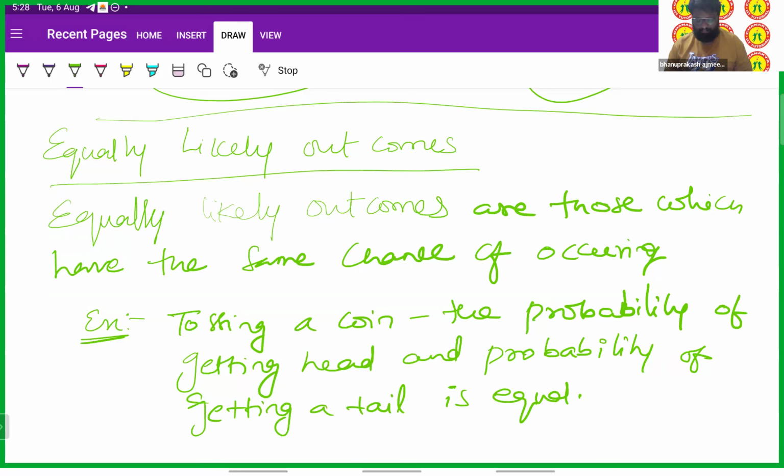See, when I'm writing something on the board or notepad, you parallelly take the notes. So done.